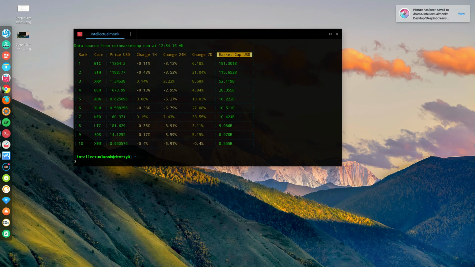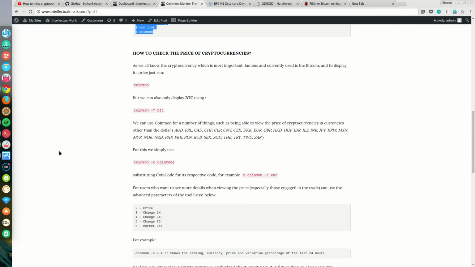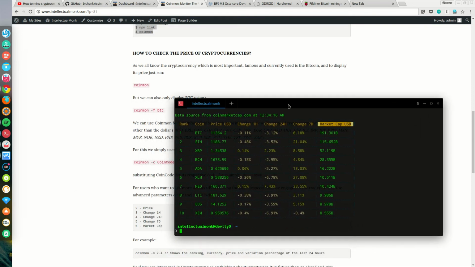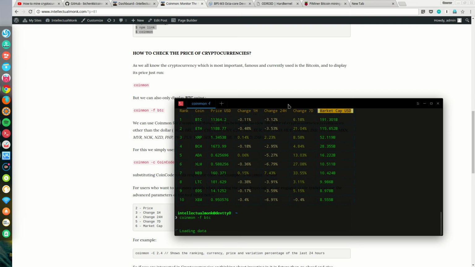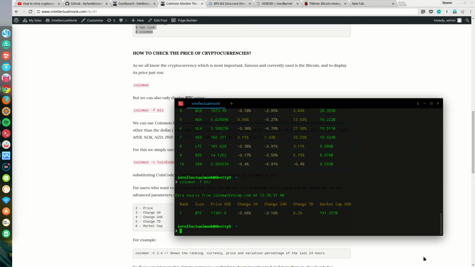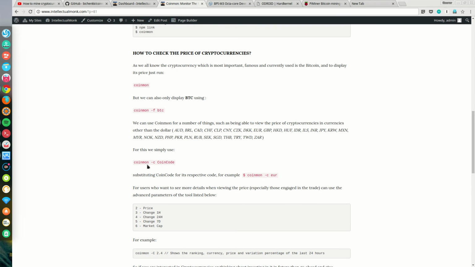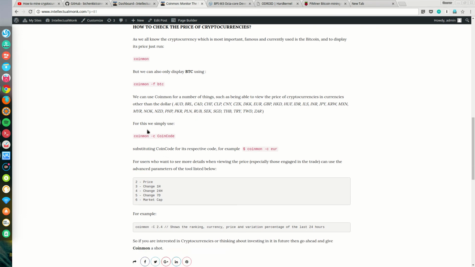So for that, the command is coinmon -f BTC. So it will give you the detail about BTC.